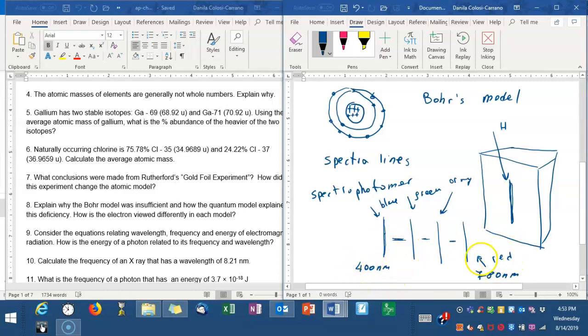Same thing for the red and the other colors. So there cannot be anything in between those two circles either, because those circles are orbits of specific energies. So this is energy 2, for example, this is energy 1, and there's nothing in between energy 2 and 1.